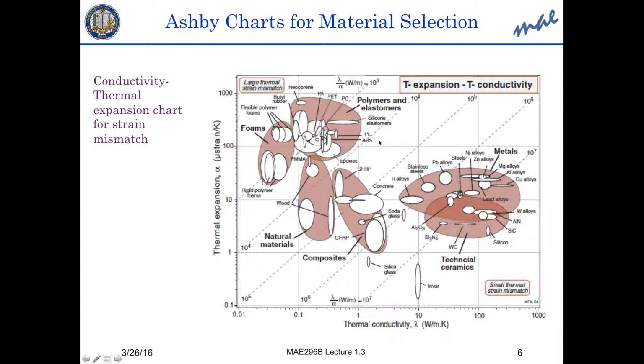So the worst in terms of giving us the largest mismatch strain are the foams, polymers, elastomers, and these are usually not used in high temperature applications. And the best are given by this boundary here, where we have aluminum nitride, tungsten alloy, silicon carbide, and technical ceramics. So the ceramics are quite good in this regard.